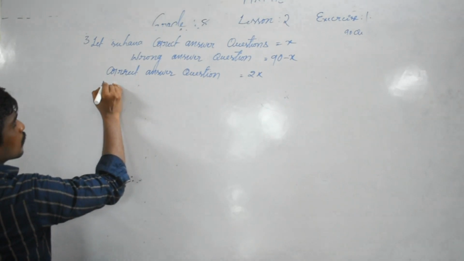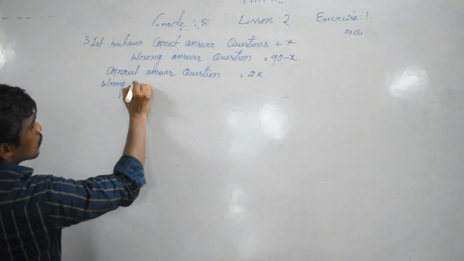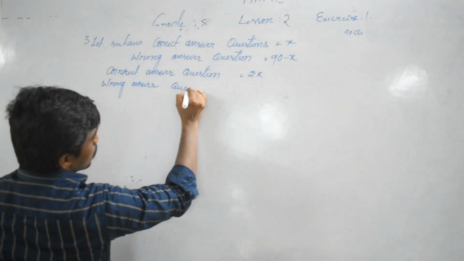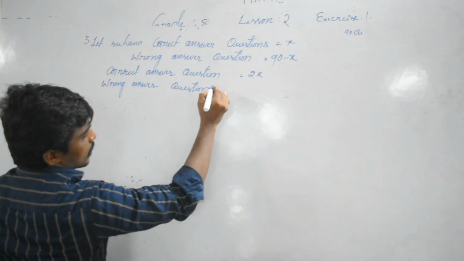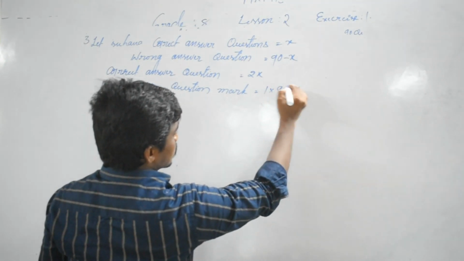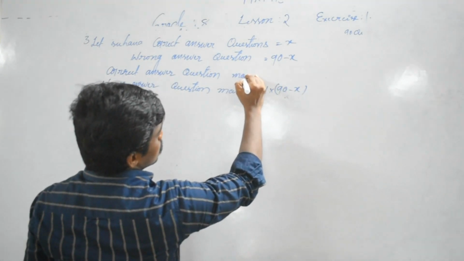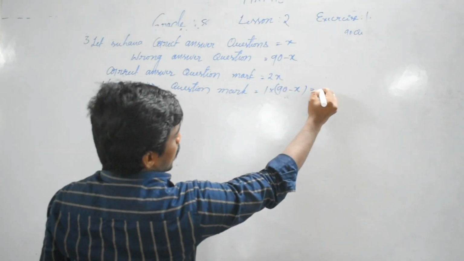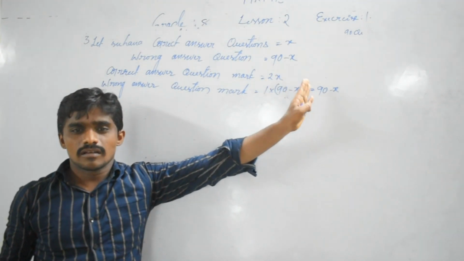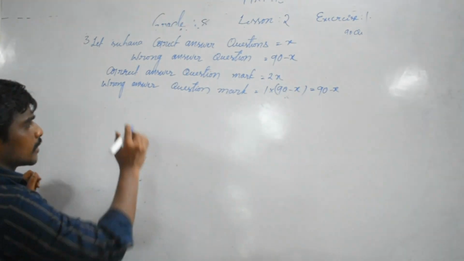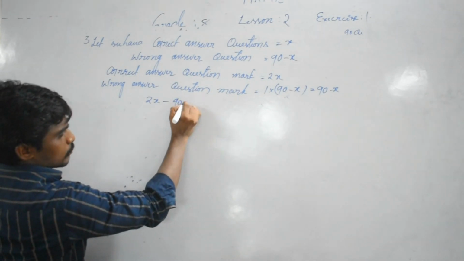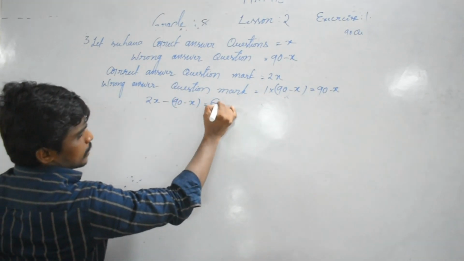Next, wrong answer question marks: 1 mark times 90 minus x. Here the marks are 2x, and 90 minus x. We know the correct answer question marks and the wrong answer question marks. So correct answer marks minus wrong answer marks, we get 60 marks.